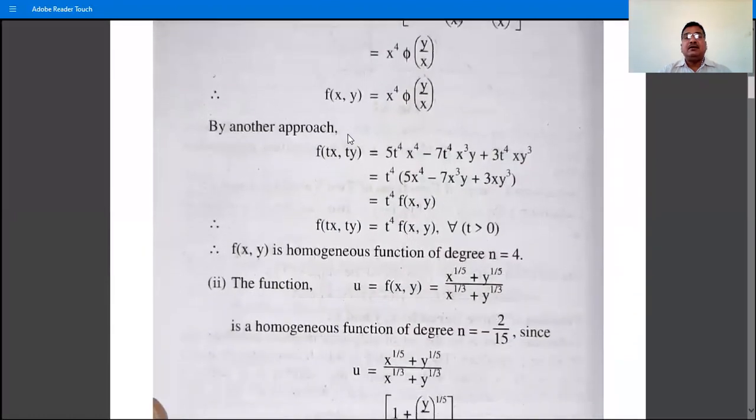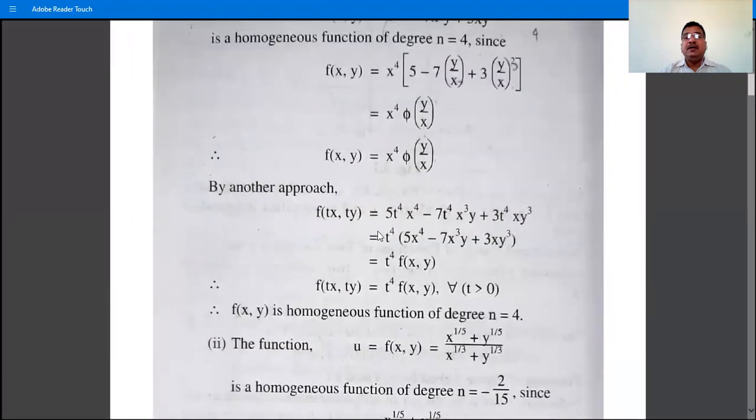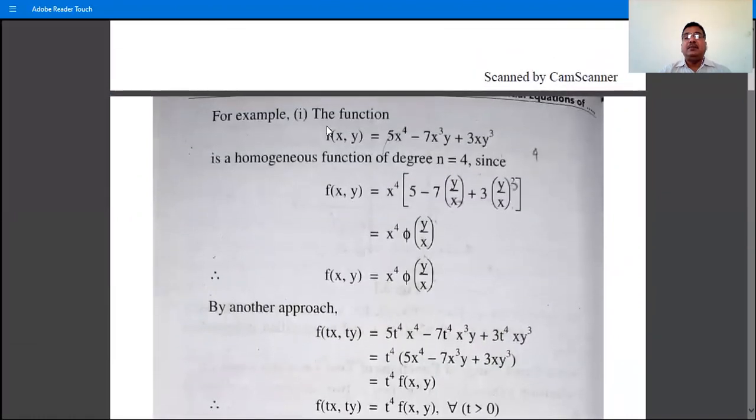So by using that definition, we have to find f(tx, ty), that is, replace x and y by tx and ty. So we have 5 times tx raised to 4, meaning t raised to 4 x raised to 4, minus 7 times x cube, replacing x by tx, so we have t cube x cube, and y is replaced by ty.